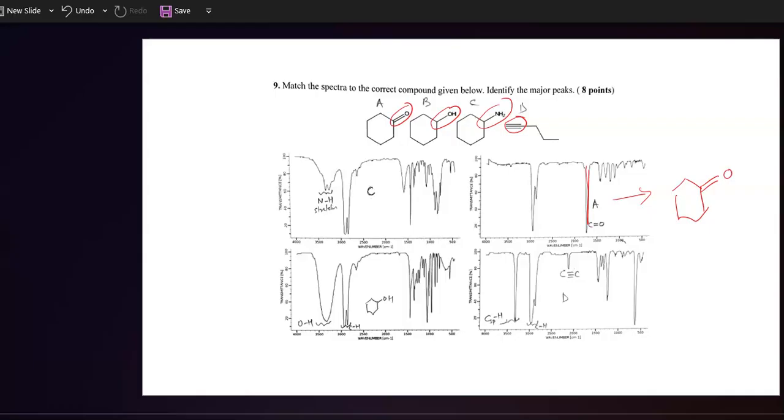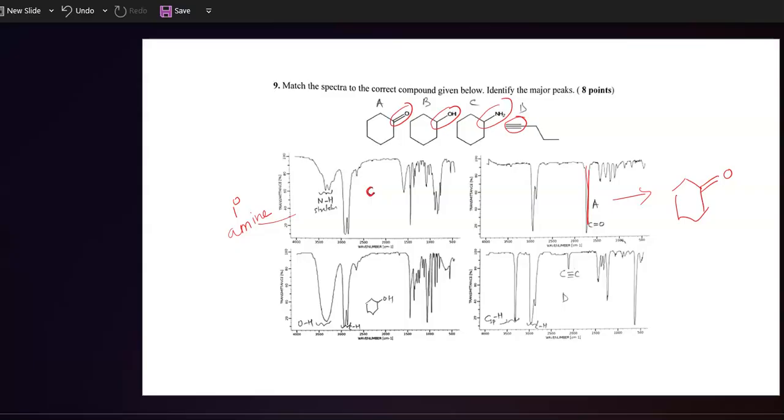The first one, drawn here, actually belongs to C, because you see the NH peaks. We had talked about vampire fangs, so those are my NH stretches, so that should be my C. This is my amine functional group, and it's a primary amine. A primary amine is the one which will have these two sharp peaks around this area here.